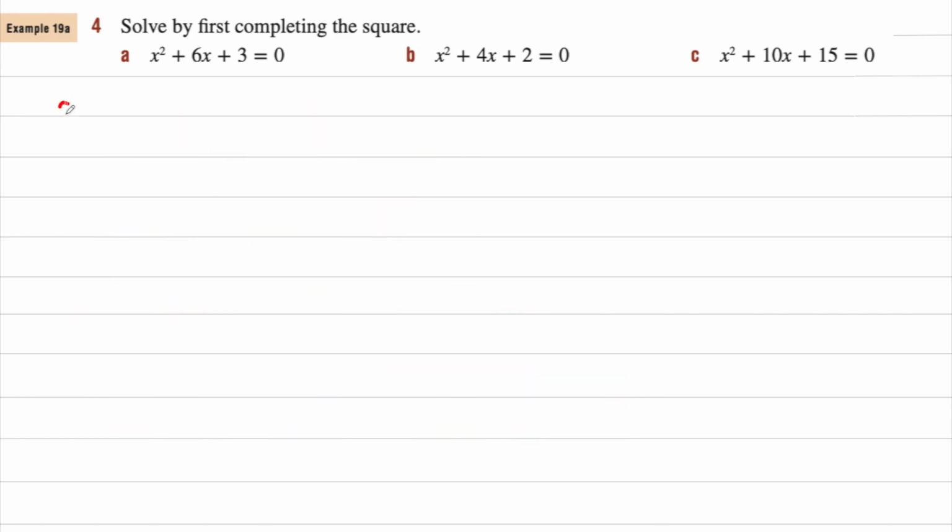X squared plus 10x. X squared plus 2 times x times 5 because this is a factor of 10, 2 times 5. And then I've got 5 squared minus 5 squared immediately and plus 15 to copy that.